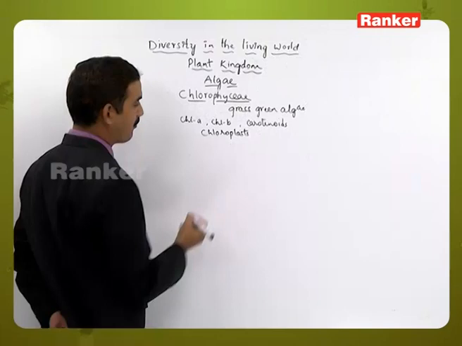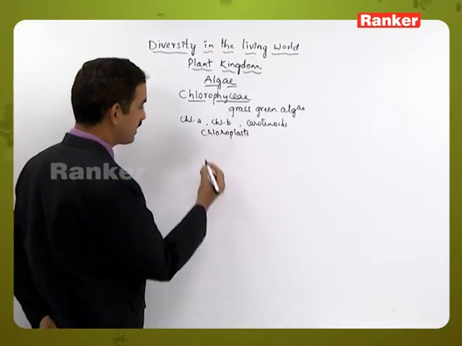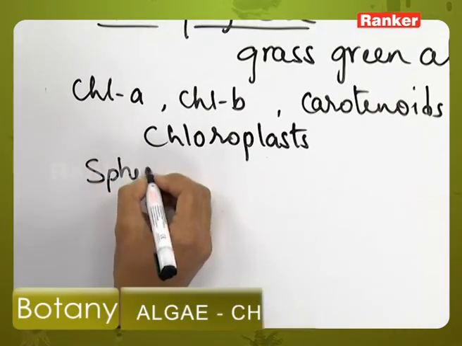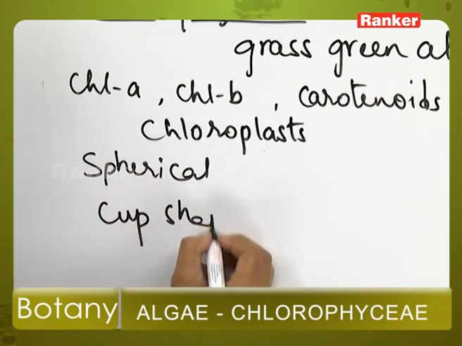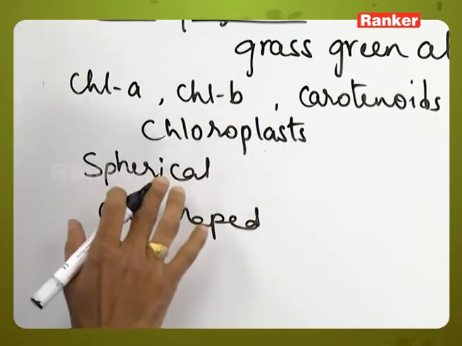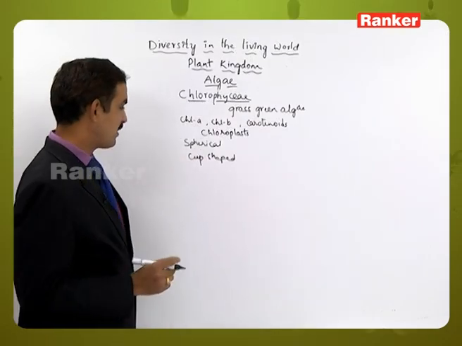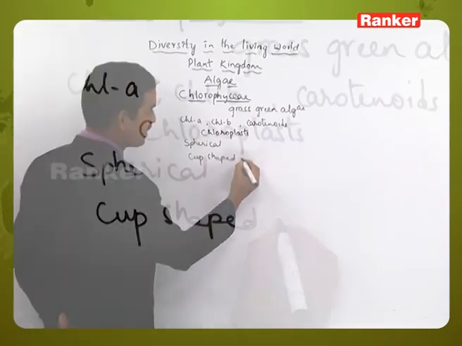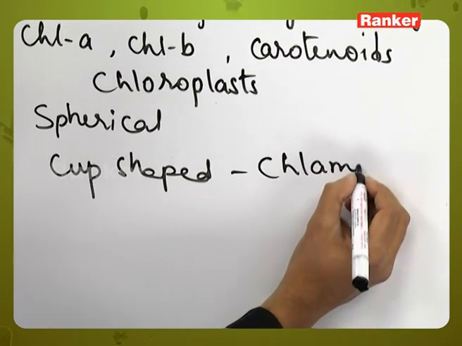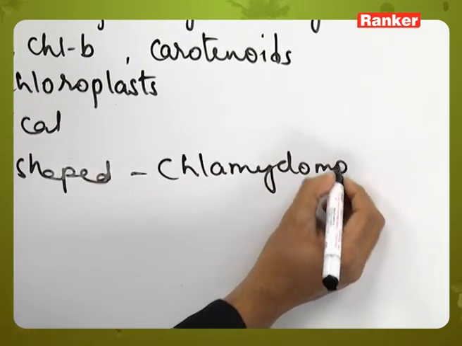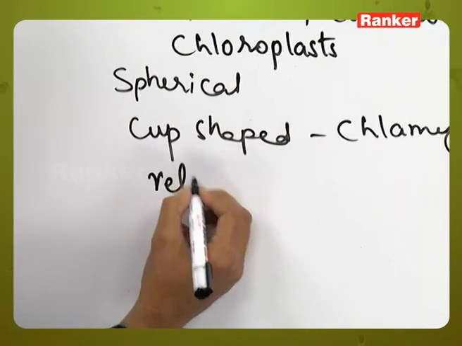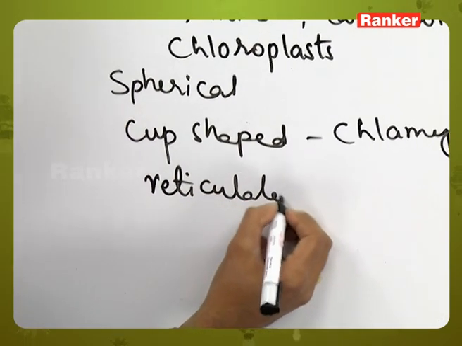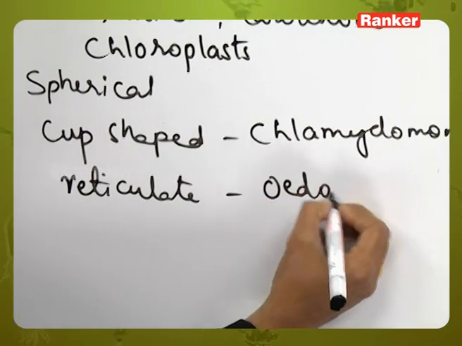These chloroplasts are of different shapes, starting with spherical and cup shaped. Spherical is the most common type, and cup shaped is present in Chlamydomonas. Some will have reticulate, present in Edogonium.